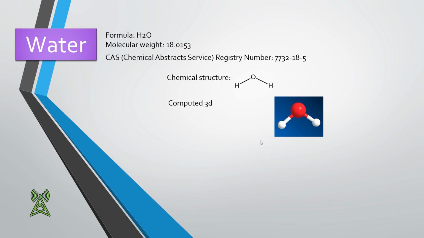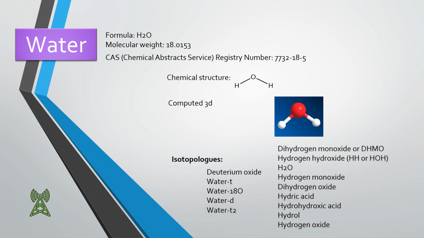Hydrogen atoms are in white, and the red one is the oxygen atom. And there are many other forms, as you know. The isotopes of hydrogen are protium, deuterium, and tritium. And oxygen does have different isotopes also.